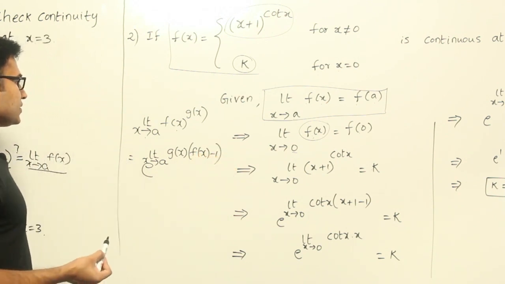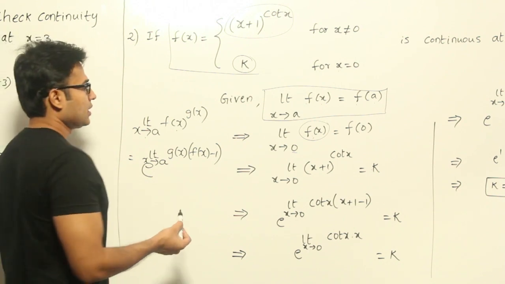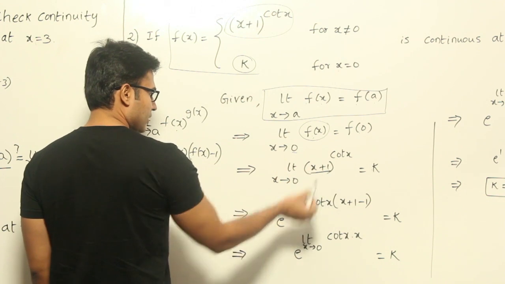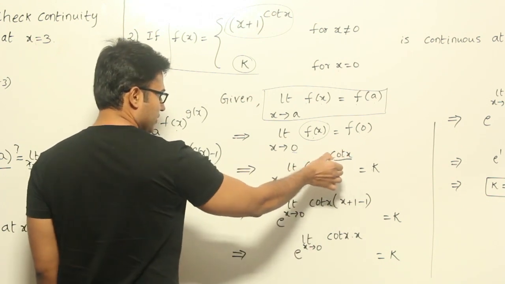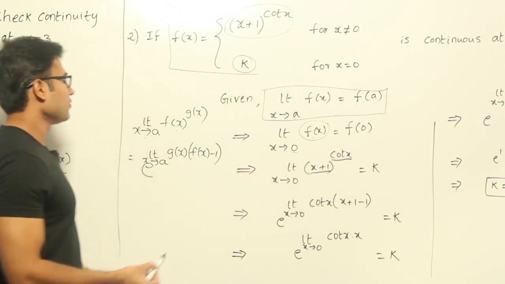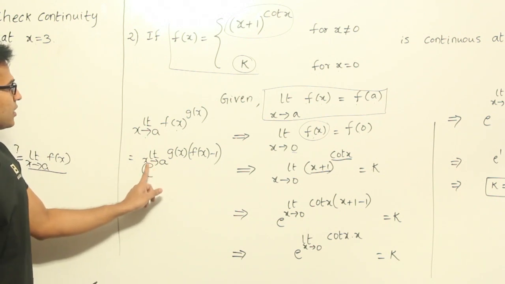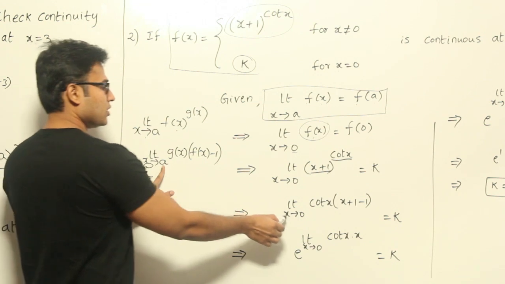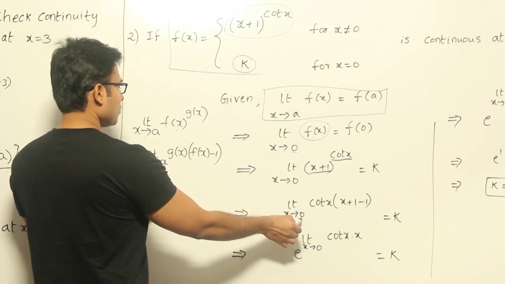Now in this case, just see what is f of x and g of x. Now f of x is going to be x plus 1 and g of x is going to be cot x. Got it? Therefore you write it this way: e power limit x tends to 0, why, because a is 0, right? So e power limit x tends to 0 of g of x.